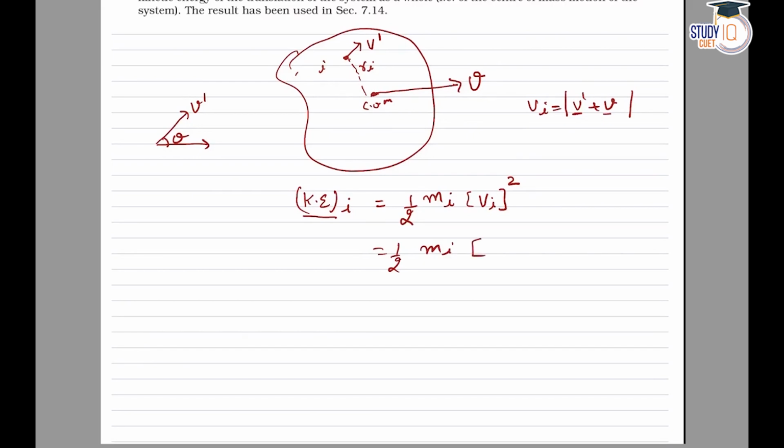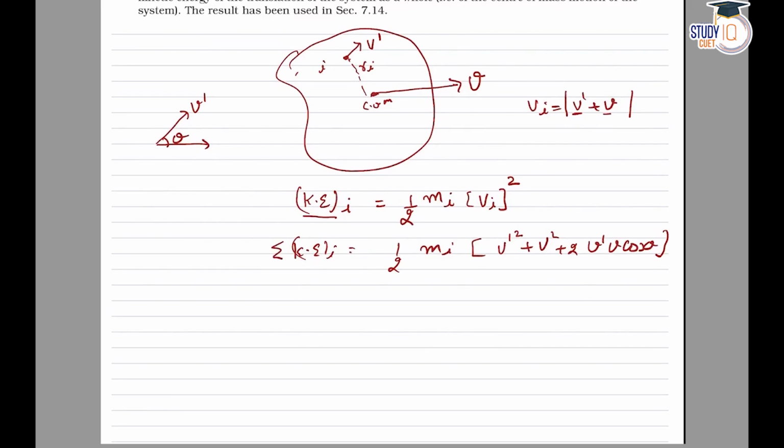So its magnitude can be written as v prime square plus v square plus 2 v prime v cos theta. And to take the summation of kinetic energy of all the particles, we can add all the terms.